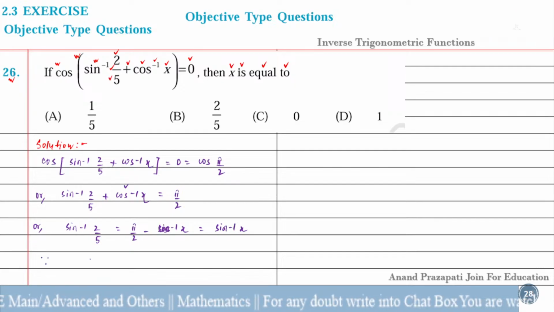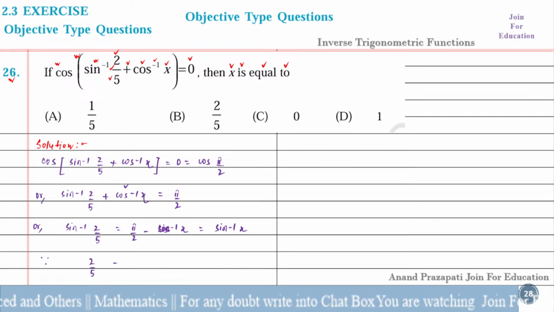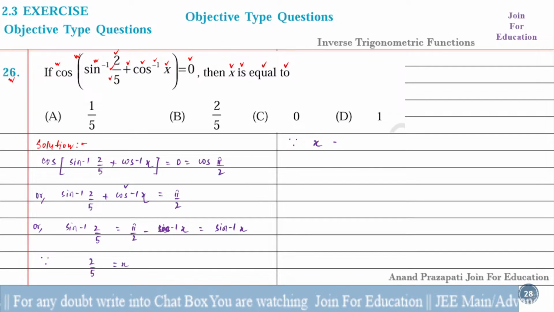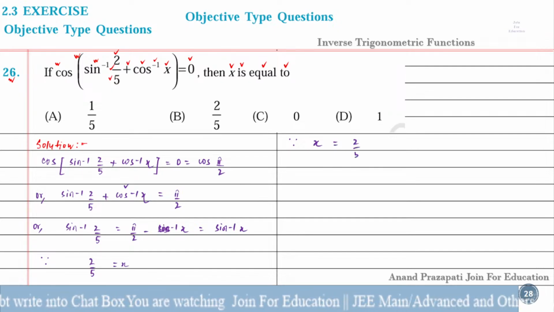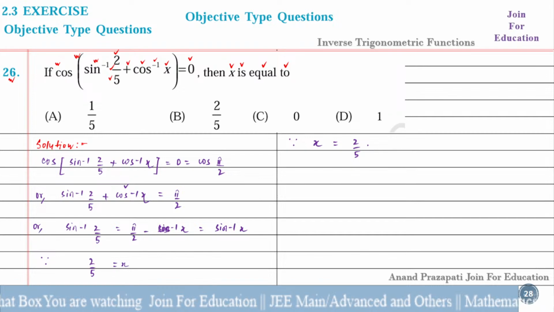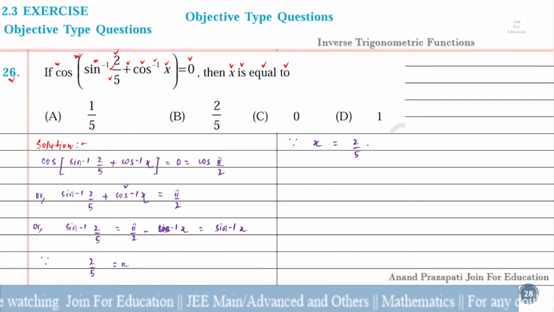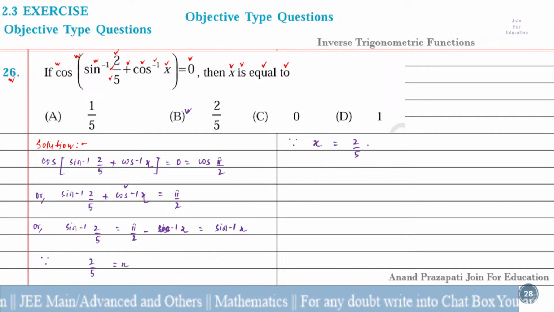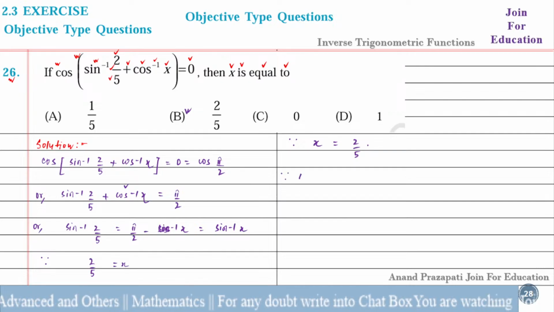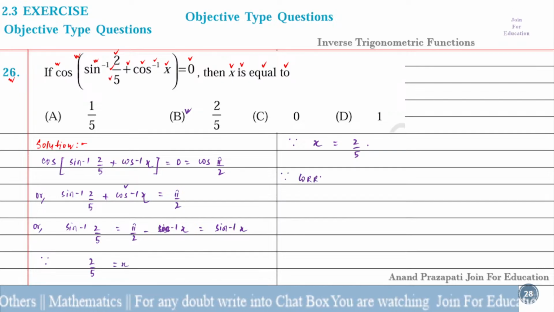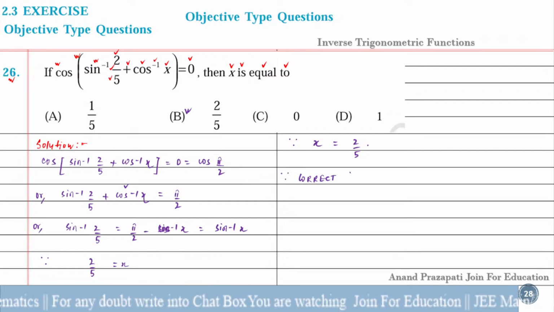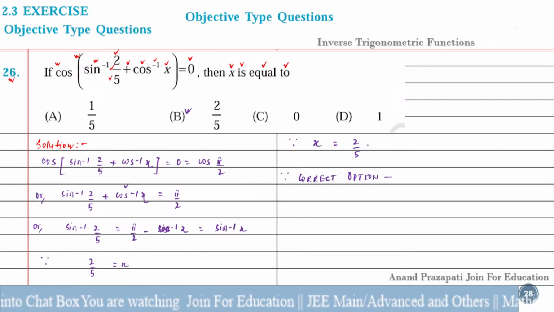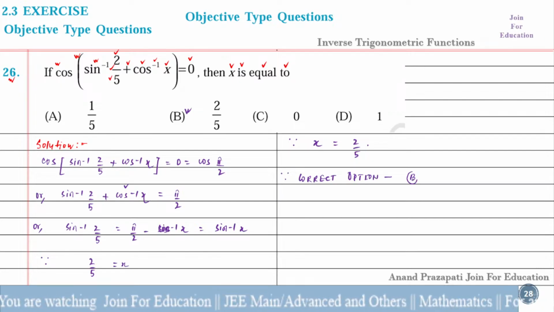Therefore, here will be 2 by 5 equal to x. So we write down here x equal to 2 by 5. I hope there is no problem to understand up to this step. So, 2 by 5 is in option B. So, the correct option is B.